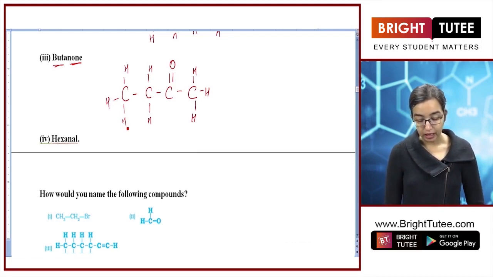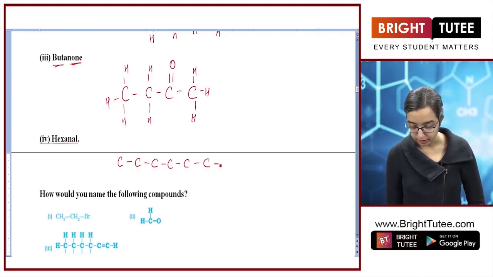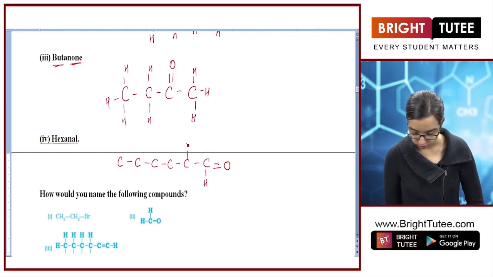The next is hexanal. "-al" means aldehyde group, which means a double bond O at the corner. So we have 6 carbon atoms, and at the corner we want an O. The remaining positions filled with hydrogen.